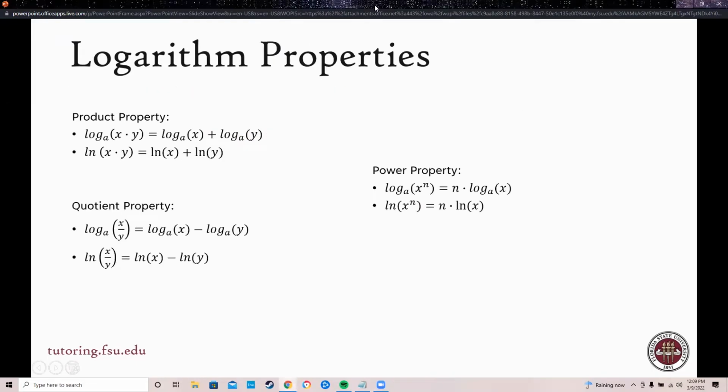So logarithmic properties that are worth memorizing, because this is the type of algebraic practice that you will be doing, are the product, quotient, and power properties.